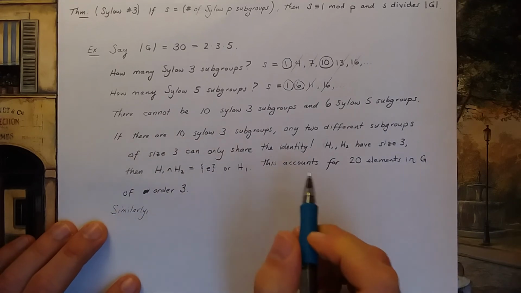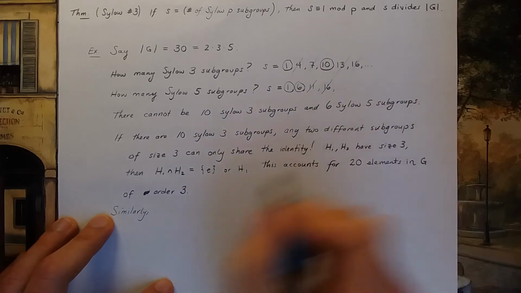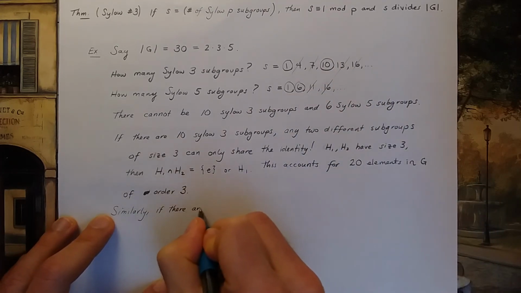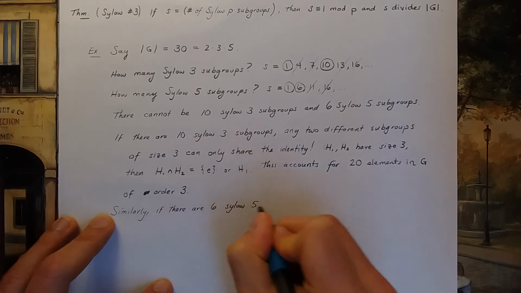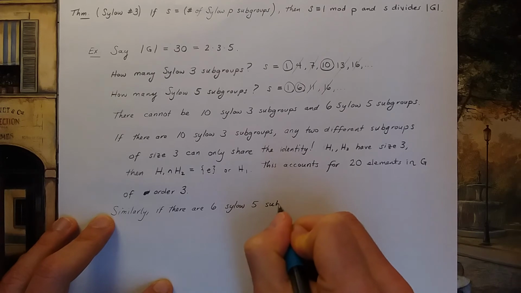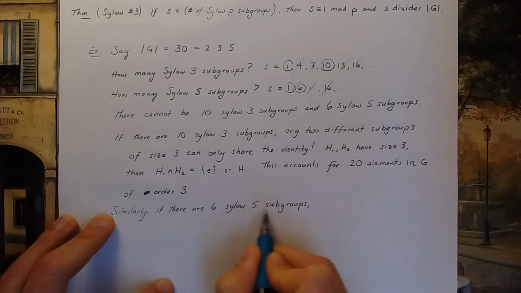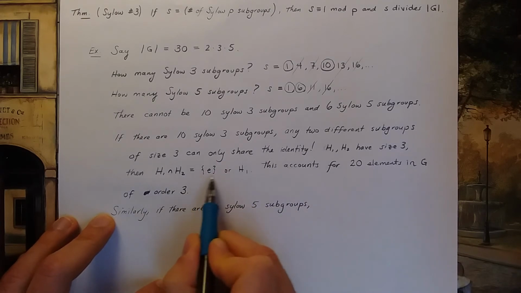Similarly, I can apply the same kind of logic to the Sylow 5 subgroups. If there are 6 Sylow 5 subgroups, any two of those subgroups can only share the identity element.